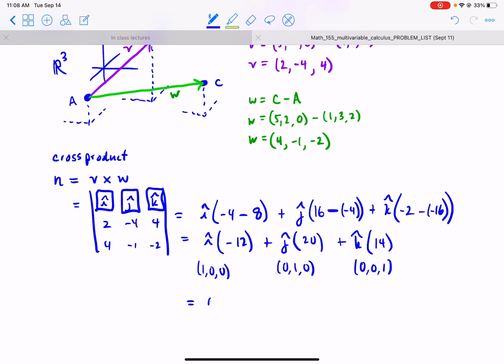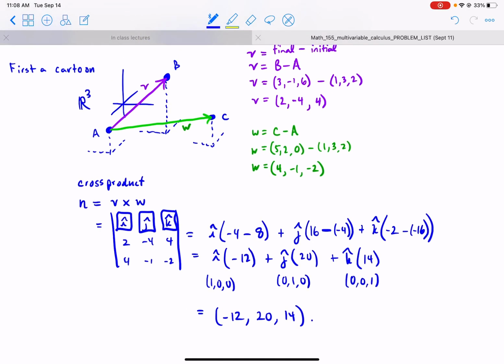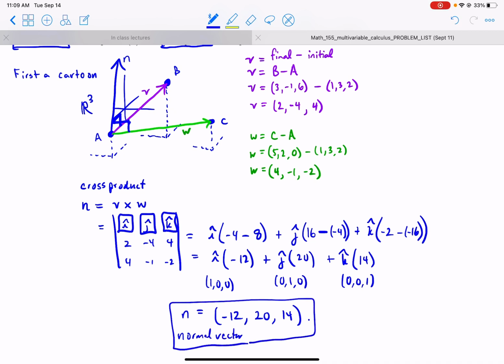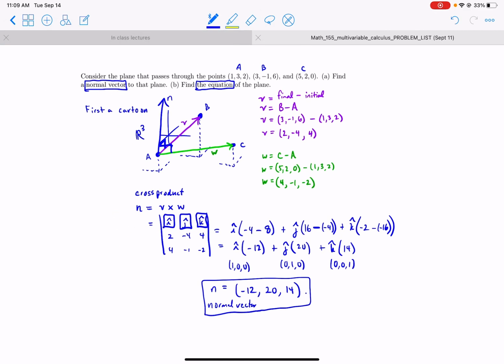And so my end result is the vector -12, 20, 14. Because it's the cross product of v and w, it points orthogonally to v and w. So it's a 90-degree angle with respect to v and a 90-degree angle with respect to w. And so that will be our vector n, and this is the normal vector. That's part A.